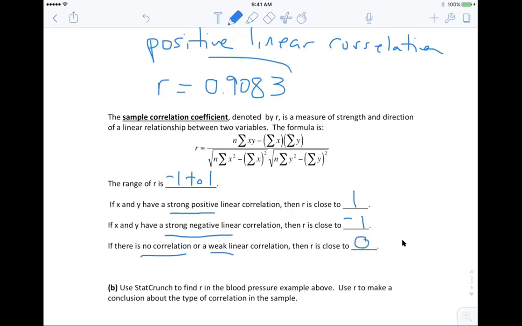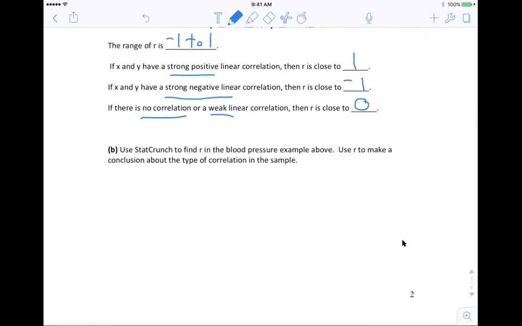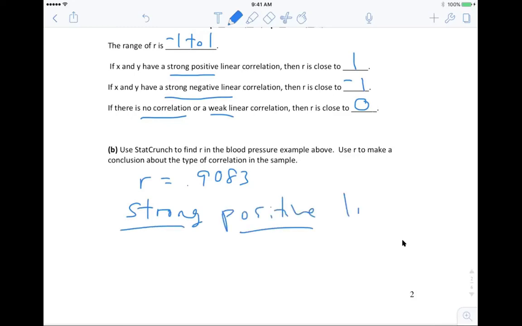So I notice here that R being 0.9 for this problem would be a strong positive linear correlation. The closer R is to 1, the stronger it is. So, write it again: 0.9083, and I would say that's a strong positive linear correlation.